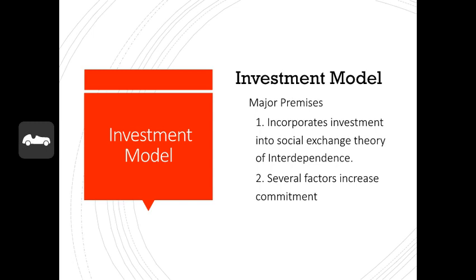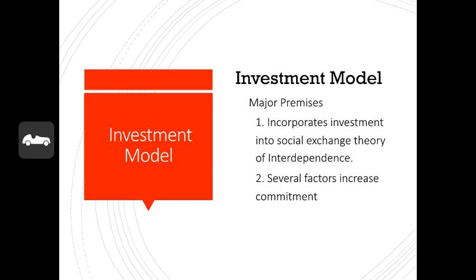You might feel affectionate about them and not want to hurt them. So even if someone else comes along that seems like they could give you more rewards, you might stick it out and stay in your relationship. We certainly see that in real life. And so the investment model is an example of theoretical development, because it builds on interdependence theory and adds a few components that try to improve on the theory and make it more true to life.